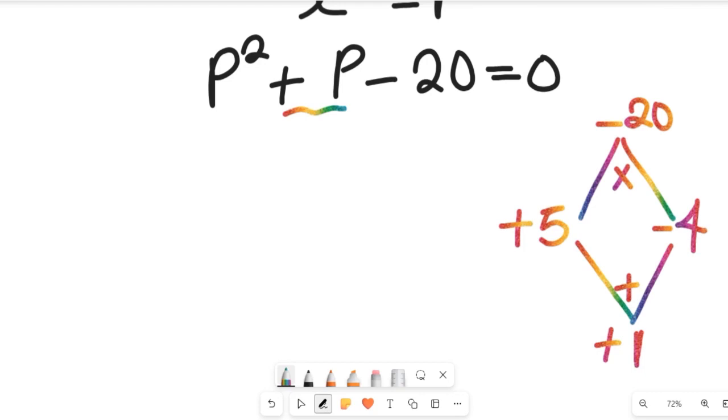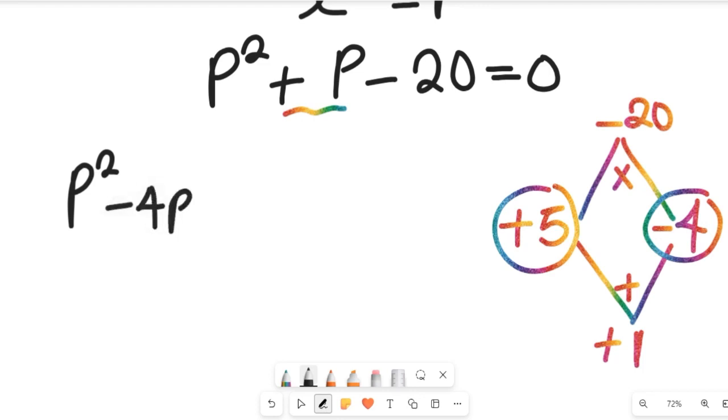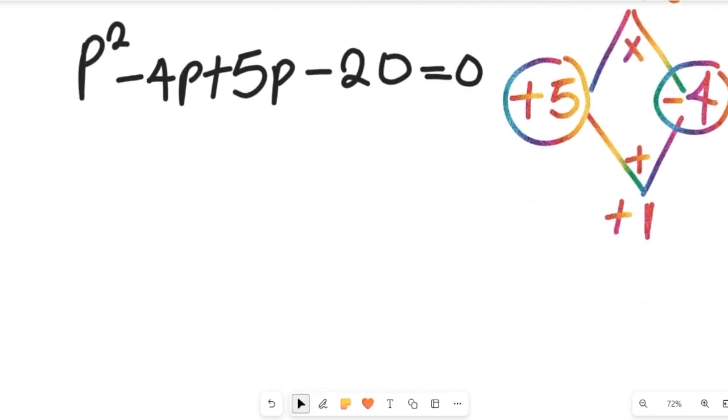So the positive should be greater than the negative. That gives us p squared minus 4p plus 5p minus 20, and this will be equal to 0. Great. So now we can simplify.